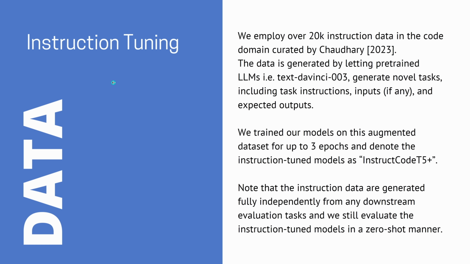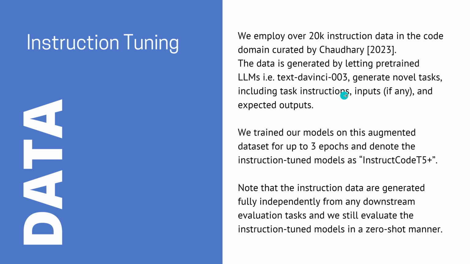And this is interesting, they also have instruction tuning. They apply over 20,000 instruction tuning data in a specific code. And they use this self-instruct mechanism I have a video on. They use another LLM that generates the instruction fine-tuning data for them. This is OpenAI's text-davinci-003, one of the best models currently for this task.